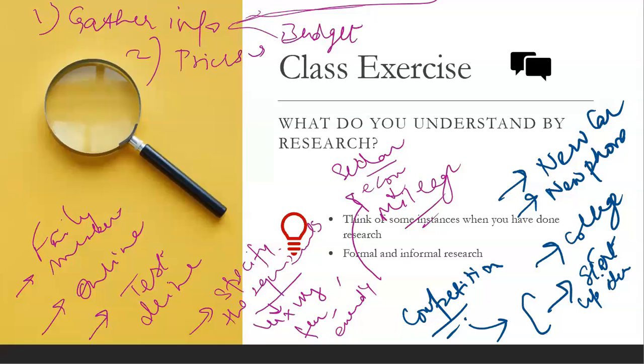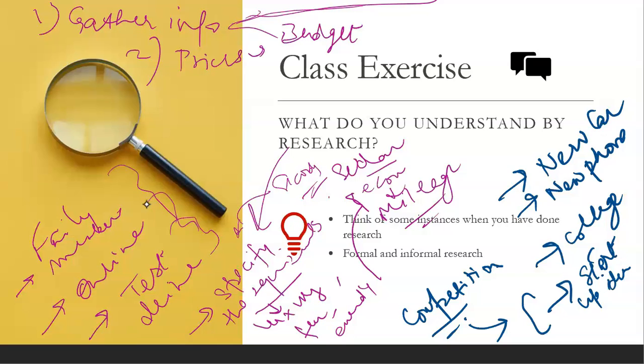Yes. So it's specifying the requirement, basically coming to the main thing, that is information gathering. You specify the requirements and you go through all these: members of the family, you check online, you test drive. This will also come under secondary research.